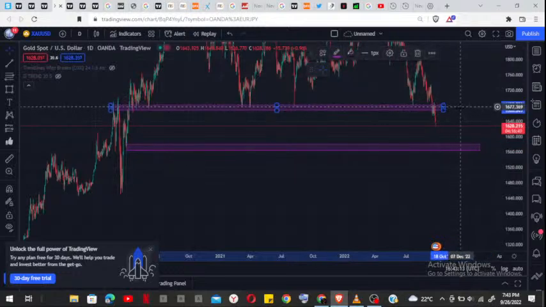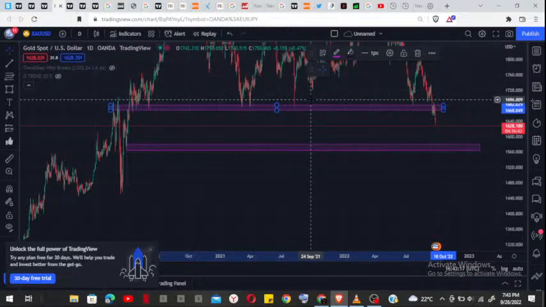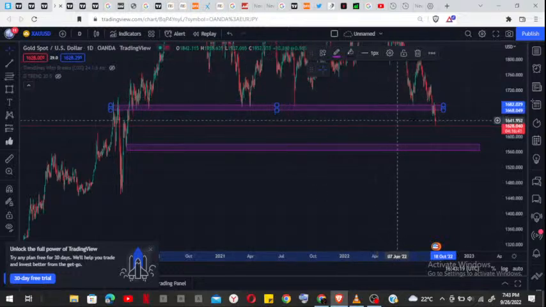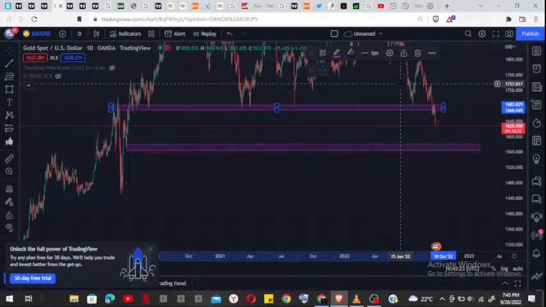Okay, so this was one of our zones where there was a double top. We could see that, and this was one of the most beautiful structures that was created if you like to analyze the charts for a longer period.